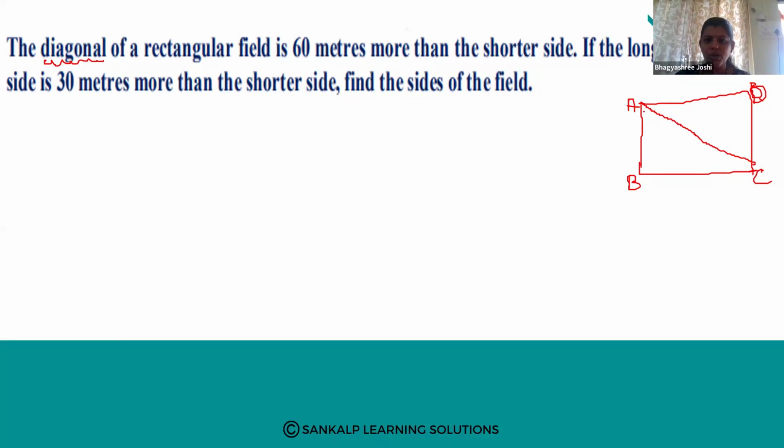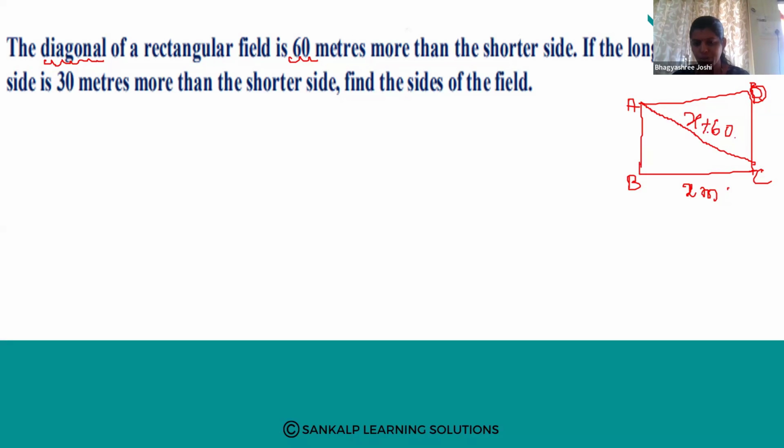The diagonal of a rectangular field is 60 meter more than the shorter side. So if I consider BC is the shorter side, that I will take x meter. Then diagonal is 60 meter more than its shorter side, so it will be x plus 60.